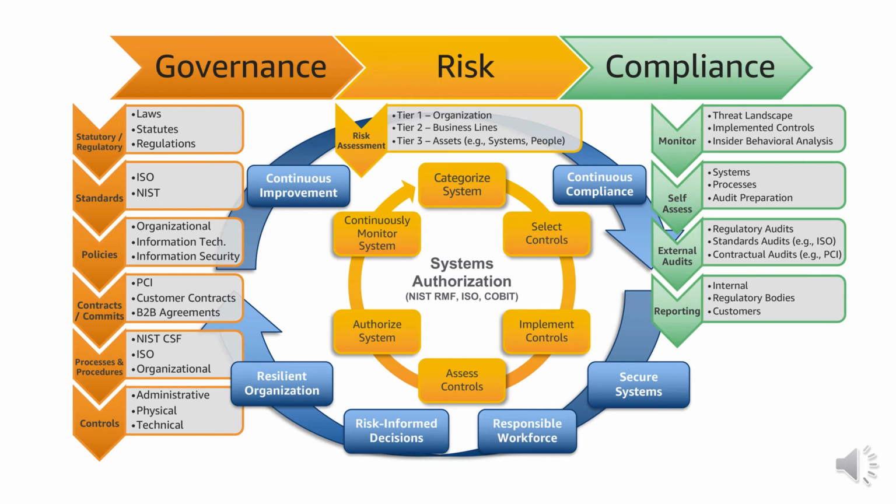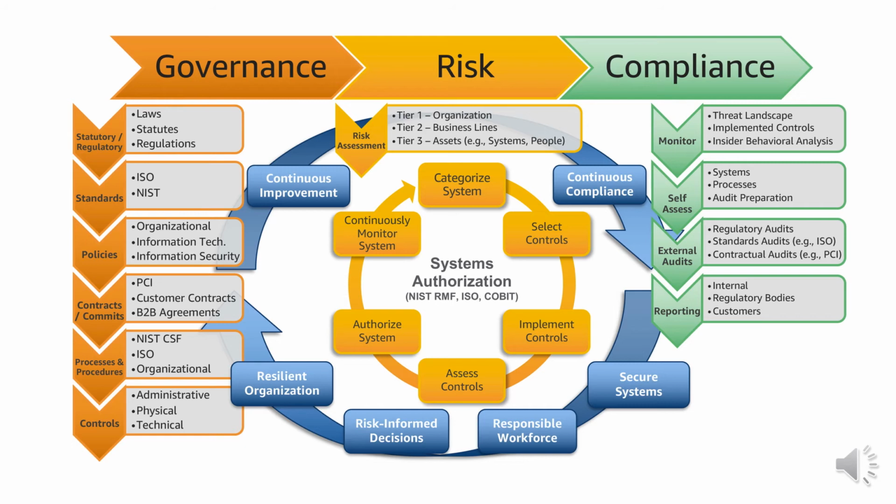This is a good view graph of AWS GRC. So as you see here, it has many components. We start with the system authorization, which follows NIST, RMF, ISO, and COBIT, and they follow the categorize system, which selects controls, implements controls, assesses controls, authorizes system, and continuously monitors system, and they follow the same flow.